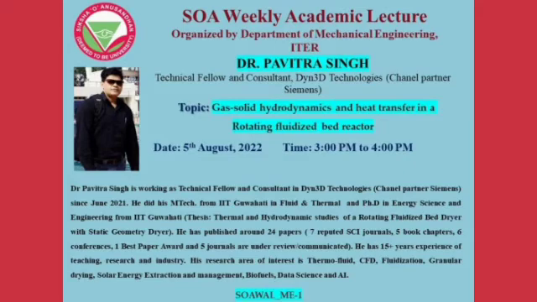So the maximum capacity of this reactor was 3 kg of drying for 15 minutes, that is 12 kg per hour, and 96 kg per day for 8 hours. So this is the scale up and optimization of this RFBIG reactor. Thank you.